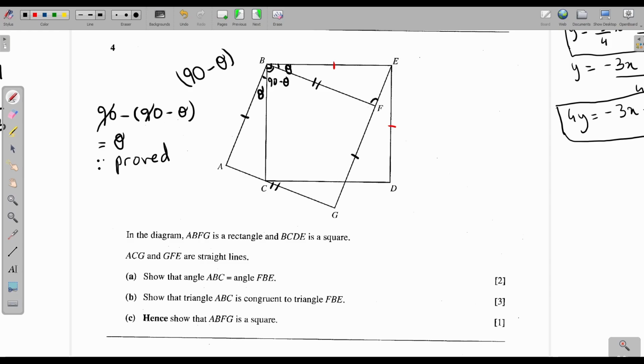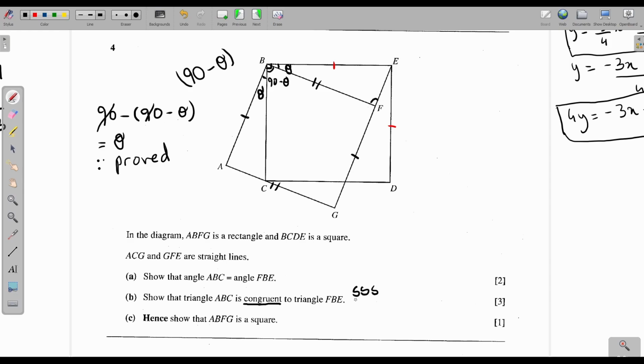All right, part B: show that triangle ABC is congruent to triangle FBE. So there are 3 ways that you can usually show a triangle is congruent. Congruent basically means that both of the triangles are the same. The first way is you can show that the 3 sides are the same.